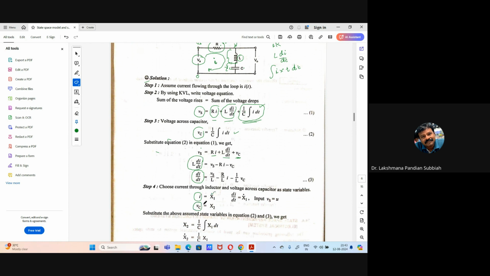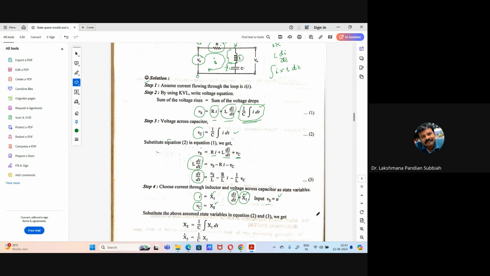Vc is another variable, x2. Since I is x1, dI by dt is the differential of the current, and the differential is represented by a dot at the top, so this is x1 dot. The input voltage Vs is U. So x1 and x2 are state variables and U is the input.